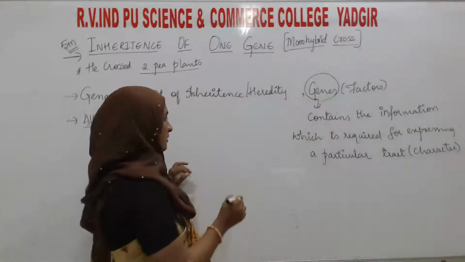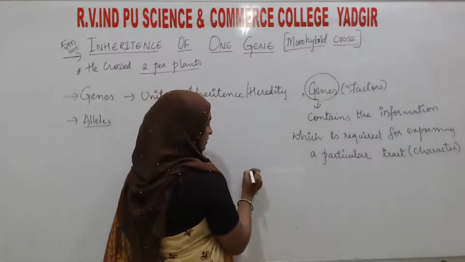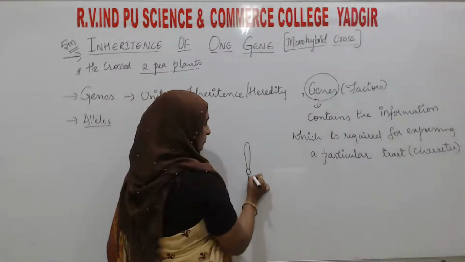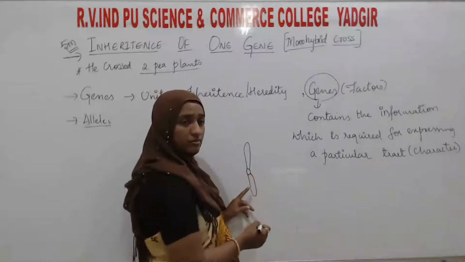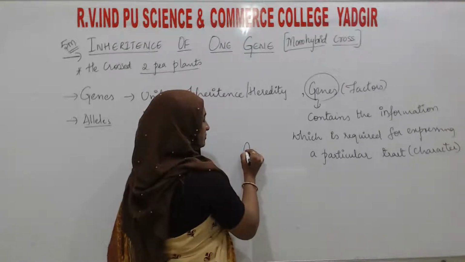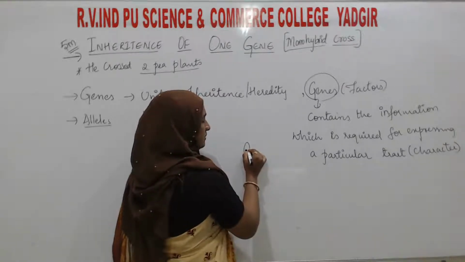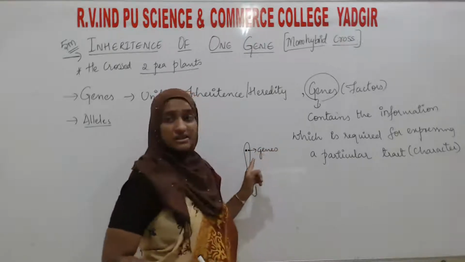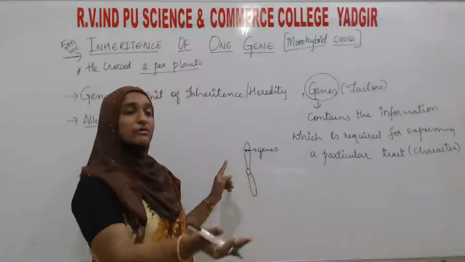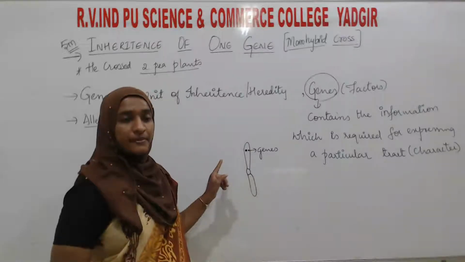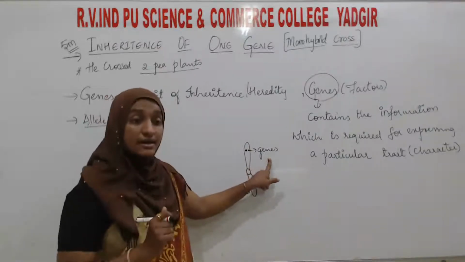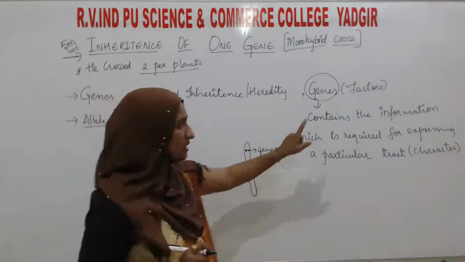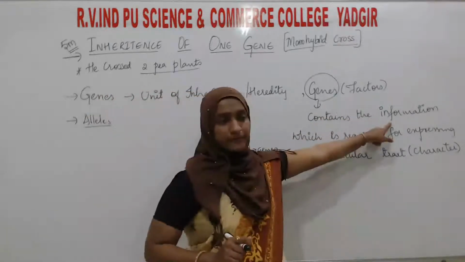See here, first of all, this is the chromosome. In this chromosome, there will be some genes. These are the genes which are going to be transmitted to the next generation. So what does the gene contain? It contains the information.